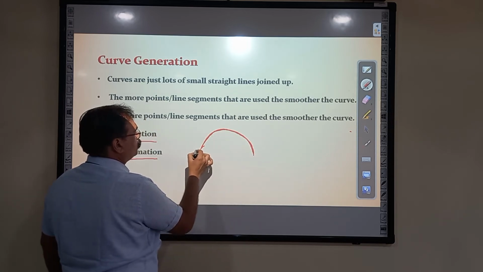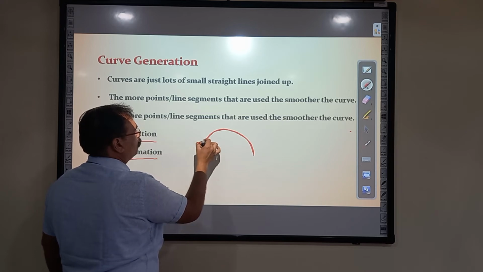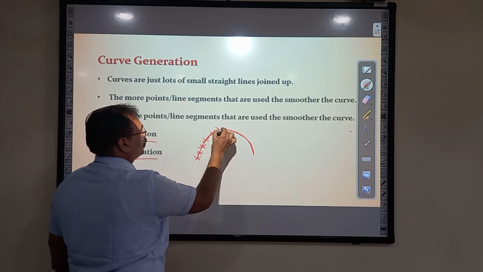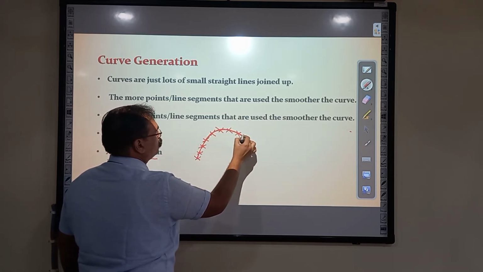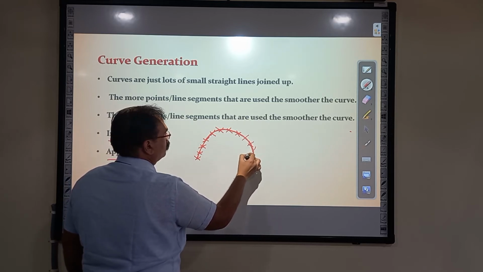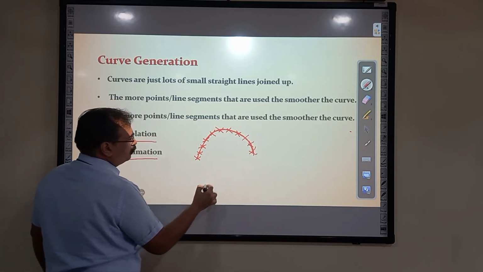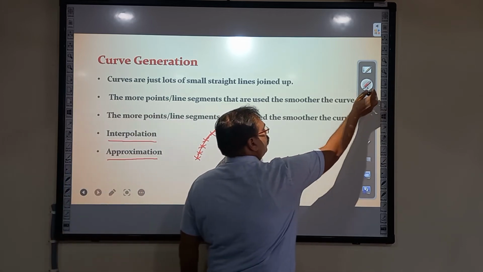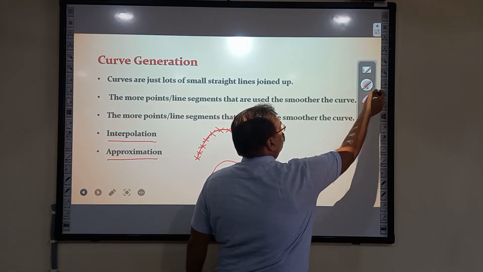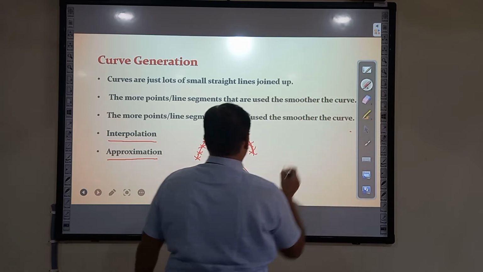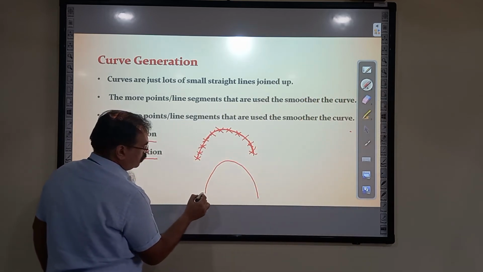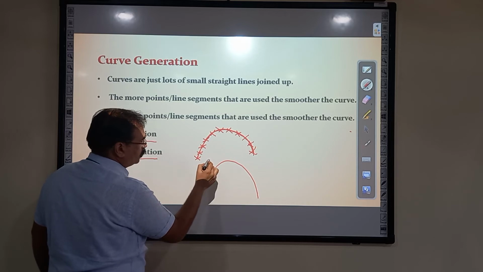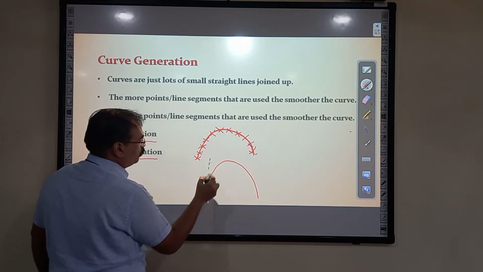So we are going to have points, and it is expected that the curve must pass through every point. Whereas the same curve can be defined with the help of a different approximation in this way. Like we are going to generate an approximation frame like this.